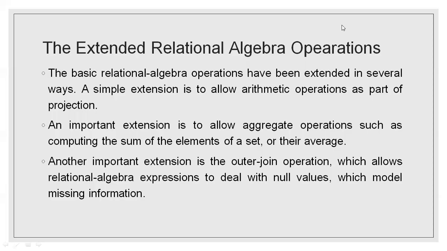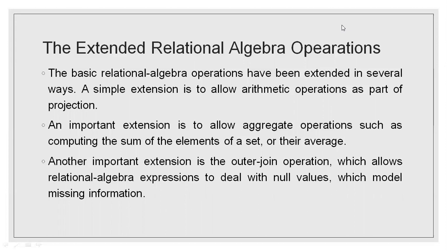Let us start. The extended relational algebra operations include the basic relational algebra operations that have been extended in several ways. A simple extension is to allow arithmetic operations as a part of projection.